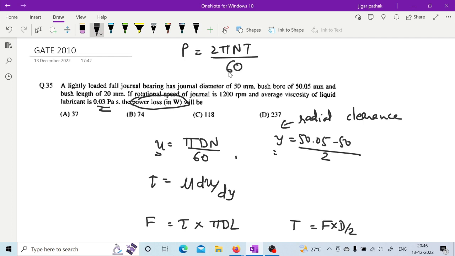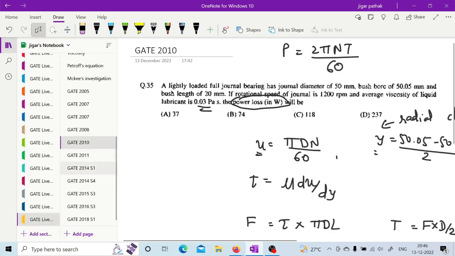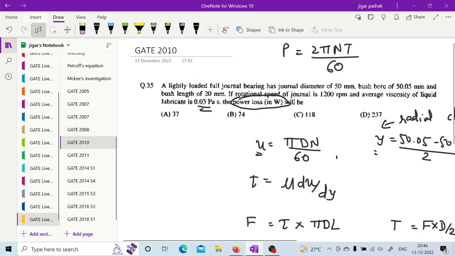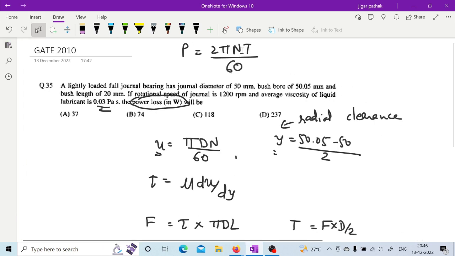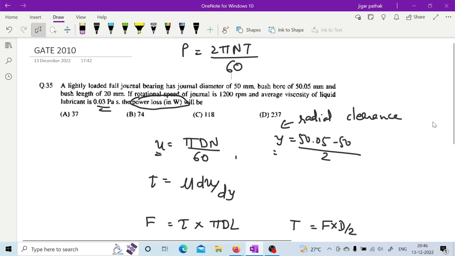In the previous question it was the torque, if I am not wrong. Then they asked for the loss of torque, so that is why we had Newton meter. Now they are asking for power, so power is equal to 2 pi nt by 60. So I guess you will be able to do it. You can quickly calculate and tell me.